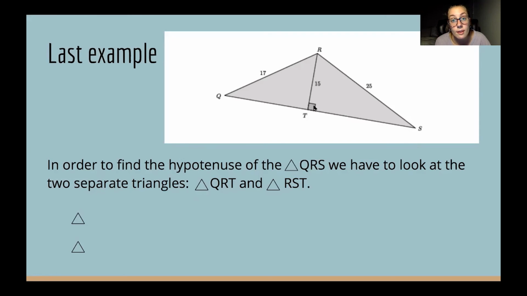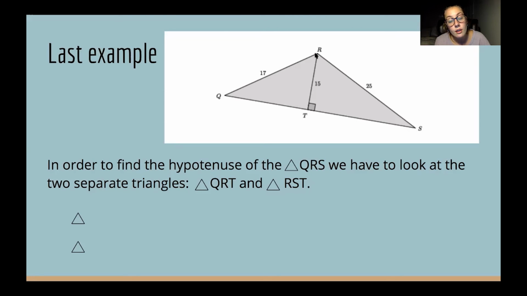Well, these are corresponding angles, and this is a straight line, meaning that this is 90 degrees, therefore there's an imaginary 90-degree angle right here because they correspond and they equal 180. They are the same and they correspond. So we have two right triangles.